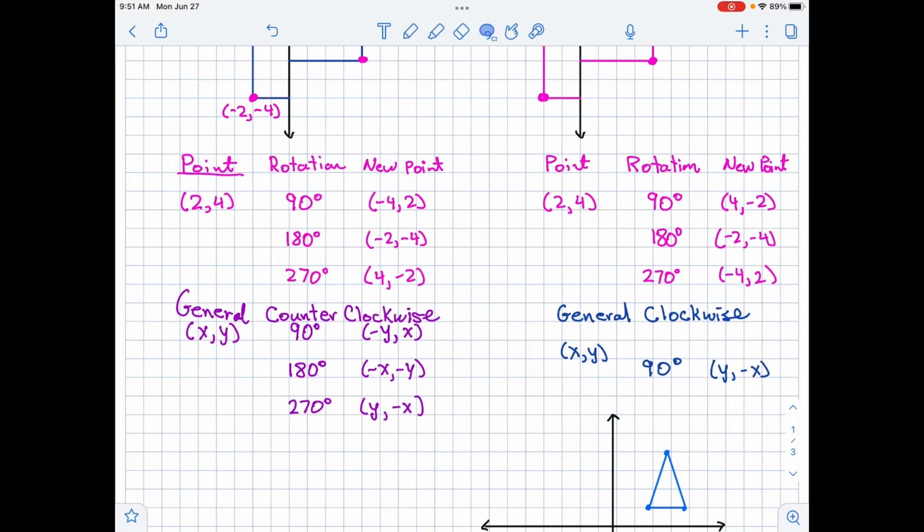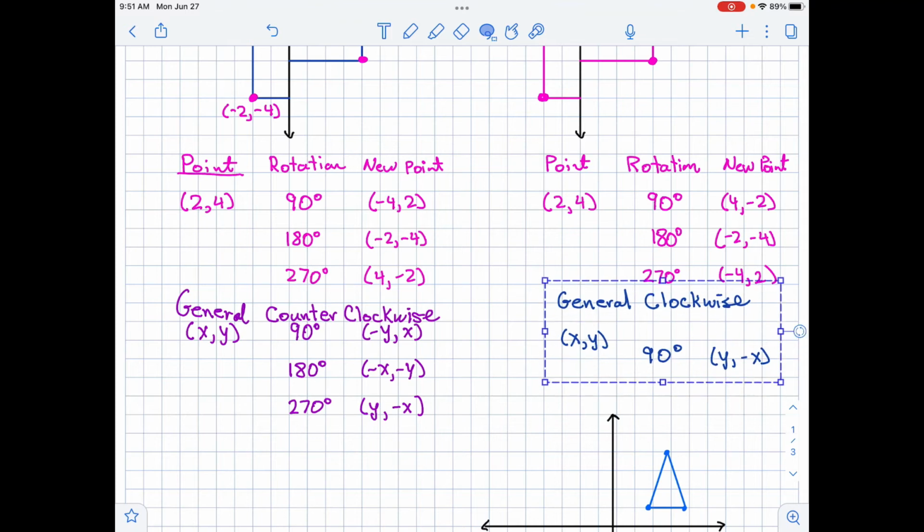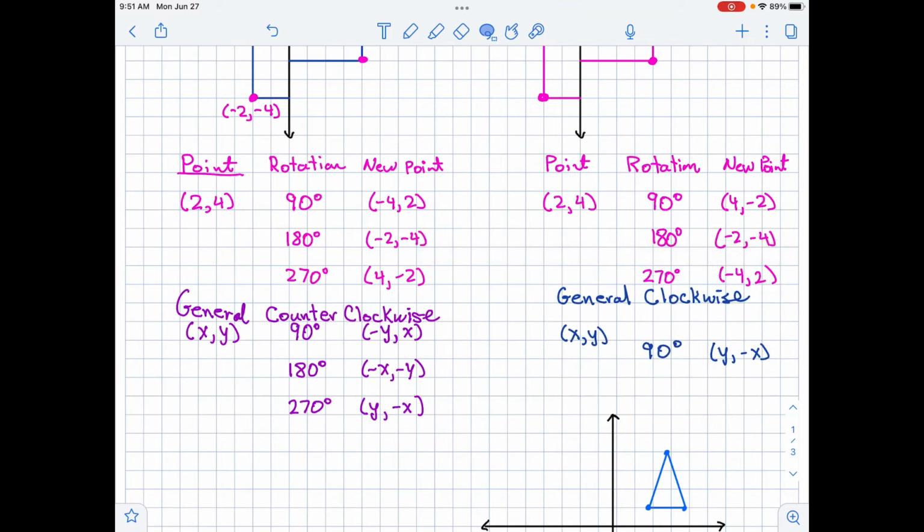Maybe I need to bring this up a little bit. And then when we had 180, we had (-x, -y), and then 270, (-y, x). There you have it.